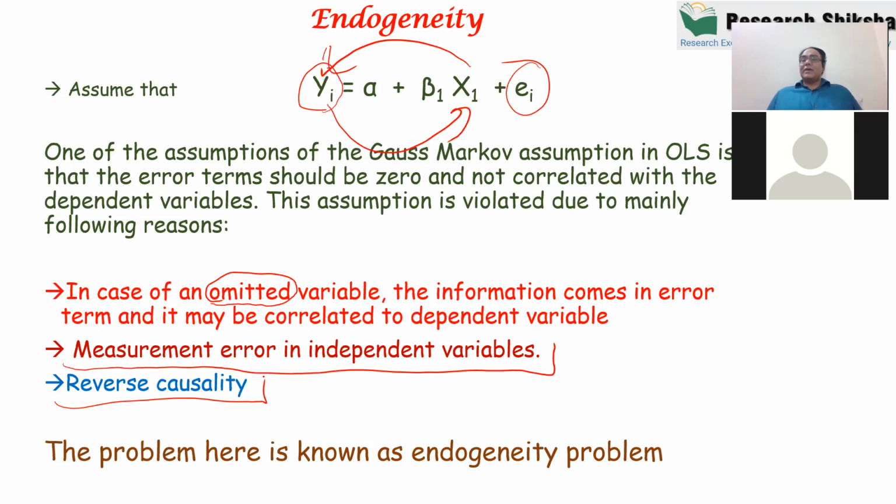Now the question is how to solve this kind of problem, how to solve the endogeneity problem? In the literature, there is one very simple answer, known as instrument variables.